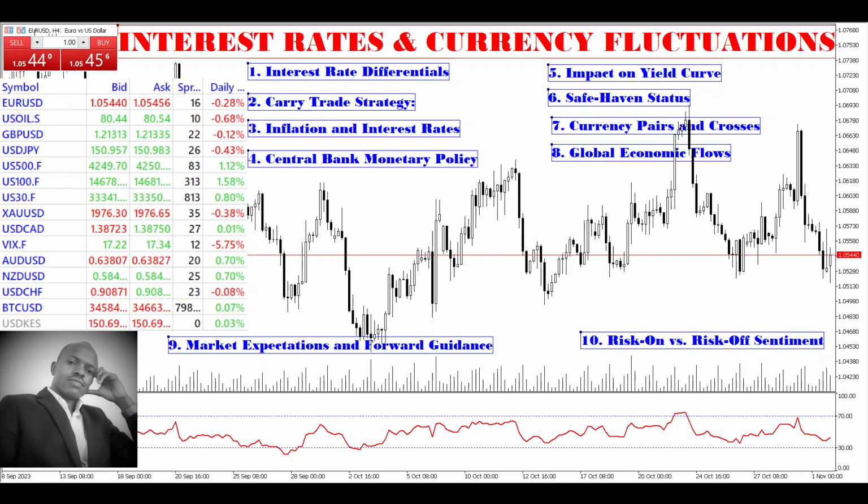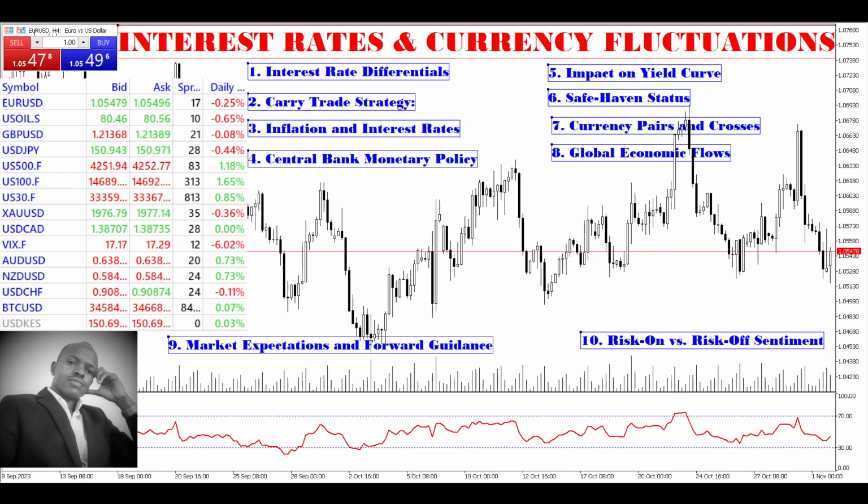So another impact of interest rates is on the safe haven status. We see that a country with a high interest rate may attract investment as a safe haven during times of global economic uncertainty. For example, the US dollar is often seen as a safe haven currency, and when interest rates rise in the US, it can enhance the attractiveness of the dollar.